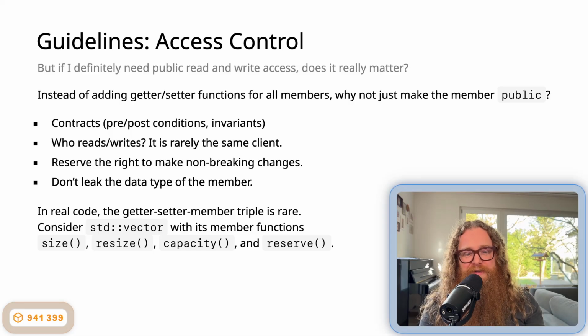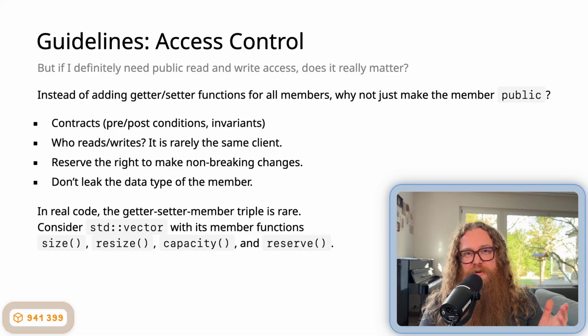It's very hard if you leak the implementation detail, leak the member, other clients access it directly, and you realize that you want to establish an invariant actually, or make sure that only certain values can be set. It's now necessary to have this check across the code base, and with a setter function, you have it in a single place. Also, you want to control who reads and who writes.